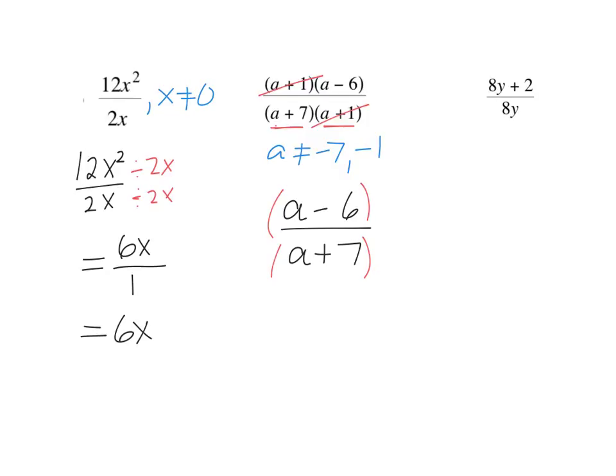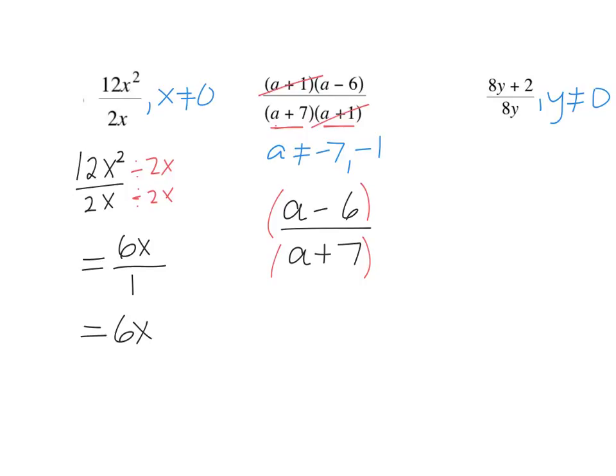Okay, so this next one, the bottom can't be factored, so I can right away write my non-permissible value. If the bottom there is 8y, what's my non-permissible value? 0, because 8 times 0 is 0. Okay, now this one can be factored, or you could do it without factoring, either way. Honestly, I would probably do this one without factoring.